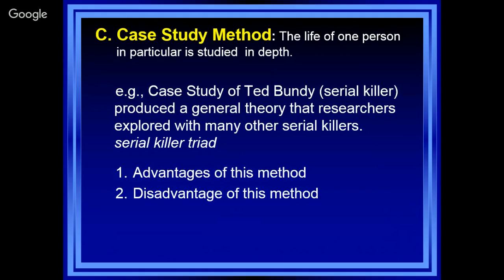Now, I'll give you a little background on Ted Bundy. You don't need to remember him specifically, but he's a great example. People described him as good-looking, charming, intelligent. He was ultimately convicted of killing 3 women, but he's suspected of raping and killing probably 100.